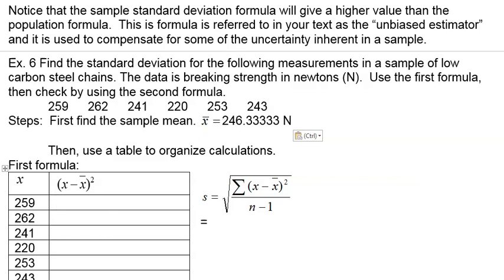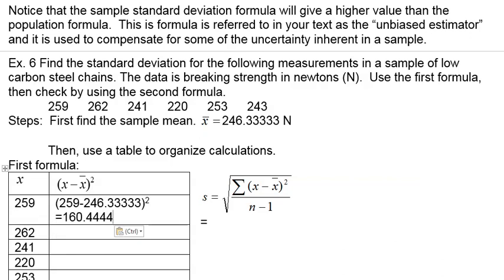We round at the very end. So keeping that number in the memory button of your calculator, we can go x minus the mean for each value. If we take the first one, that becomes 259 minus 246.33 repeating, and then we have to square that. So we get 160.444. Again, I'm not showing all the digits, it's repeating.